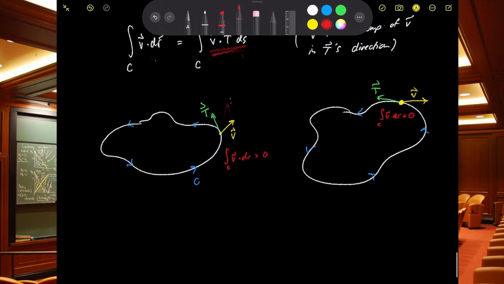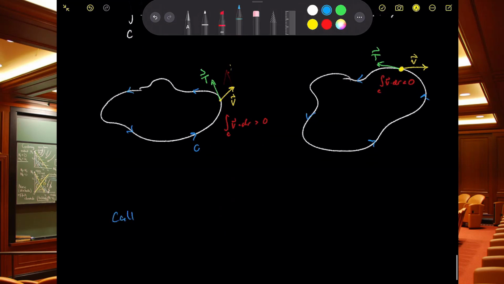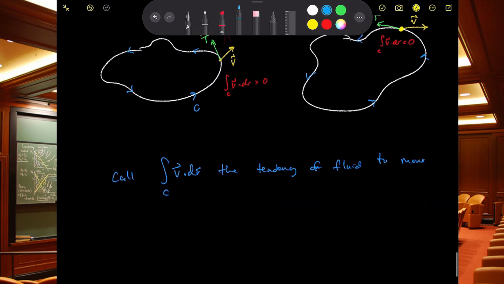But what we call this integral, the tendency of the fluid to move around the curve C, we call it the circulation of C. So this is kind of where that curl idea comes from, and why we would care about that.